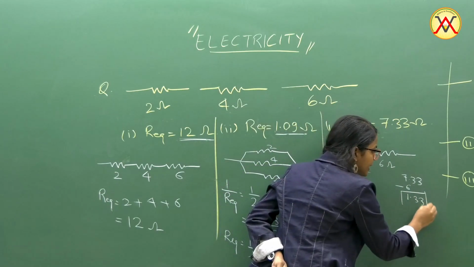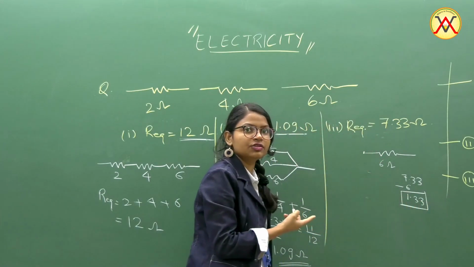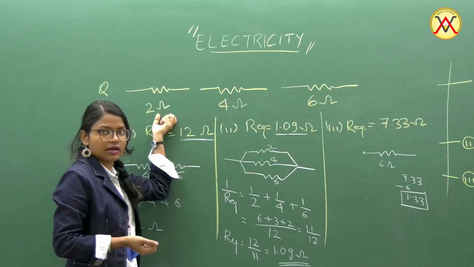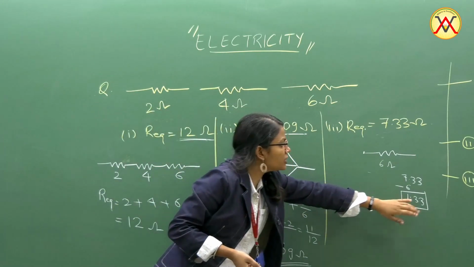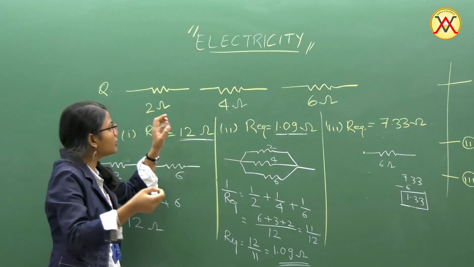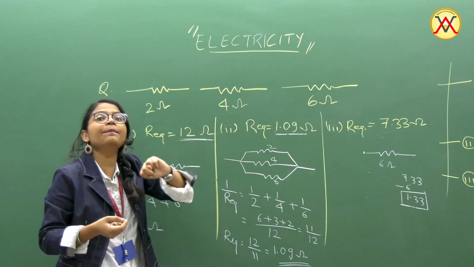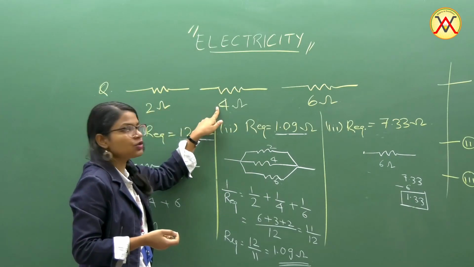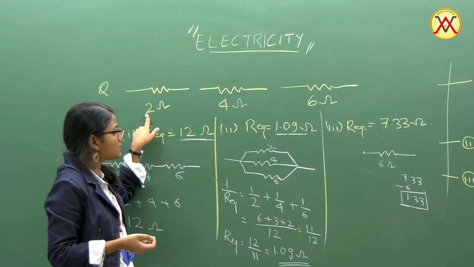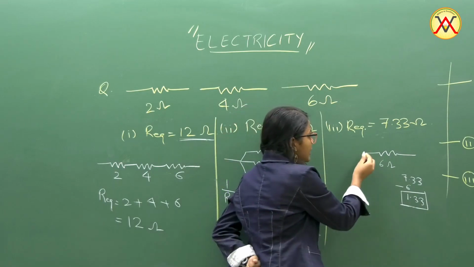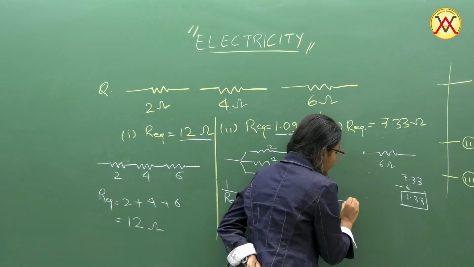Now, for the remaining resistance 1.33, we need to take these two resistances. 1.33 is less than 2 ohm. That means it is for sure that 2 and 4 ohm are in parallel. And then the resultant combination of these two in parallel will be less than the least value 2, that is 1.33. Let's see how the resistance combination would look.